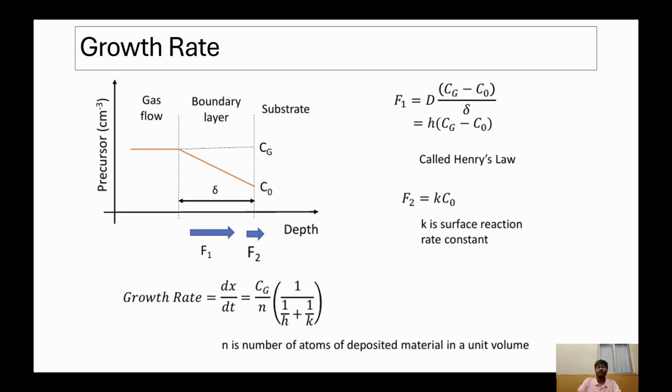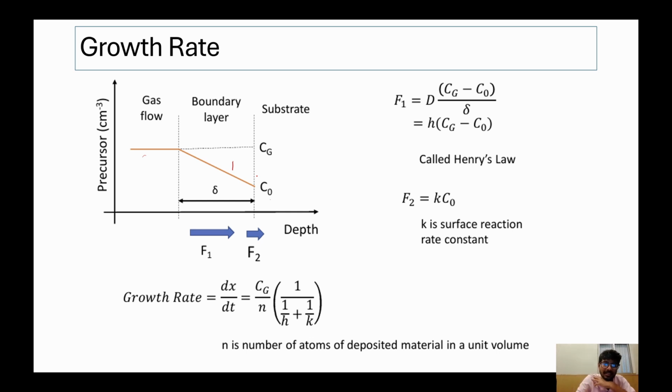Now let us suppose that delta is the thickness of the boundary layer, that is the stagnant layer, and there is gas flow that comes to the substrate.